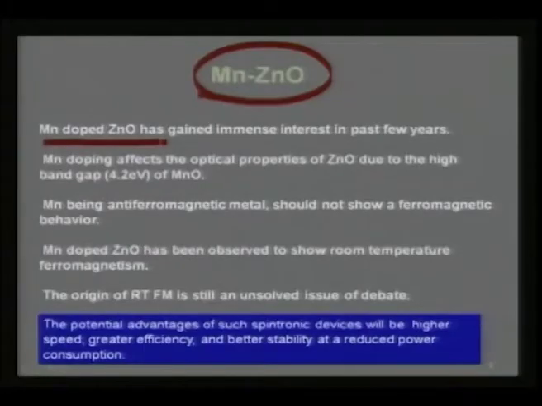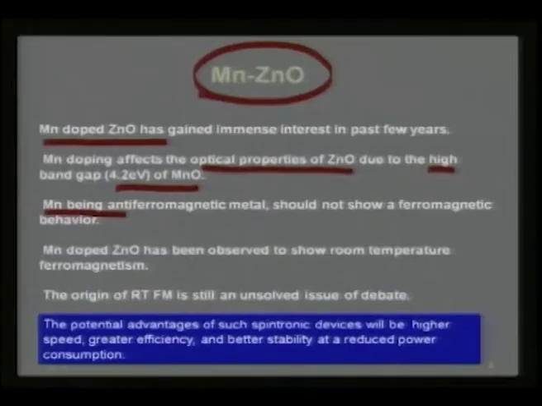Manganese doped zinc oxide has gained more intense research activity in the past few years, as I told you, because zinc oxide is optically a very potential candidate for photonic applications, and any doping would affect the photonic or optical properties, especially if you dope it with a high band gap material, that is MnO. So, if it is manganese which is going as Mn2+ into the zinc site, then you would see a clear shift in the optical property.